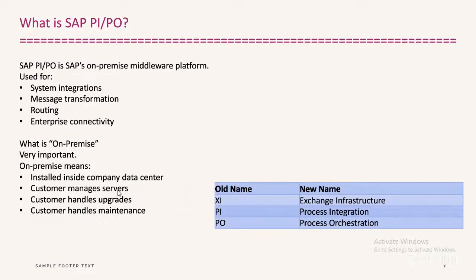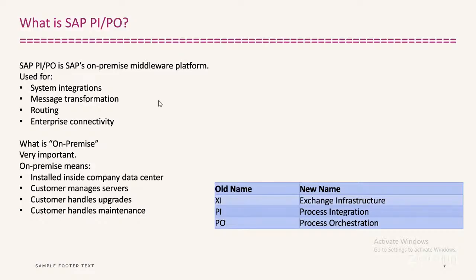In PAPO, consider SAP has released a patch, meaning a new upgrade to the system. The company can choose whether or not to upgrade their system using that patch. If they want, they can upgrade it, otherwise they can leave it as it is.